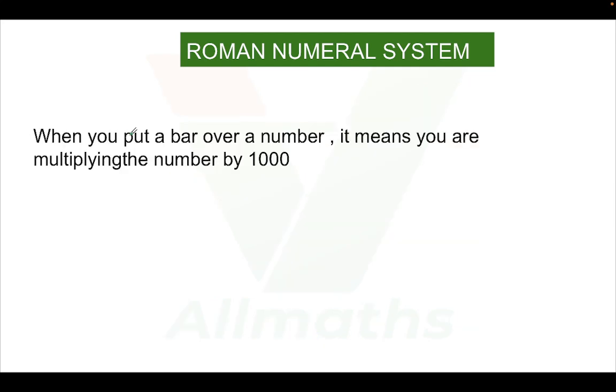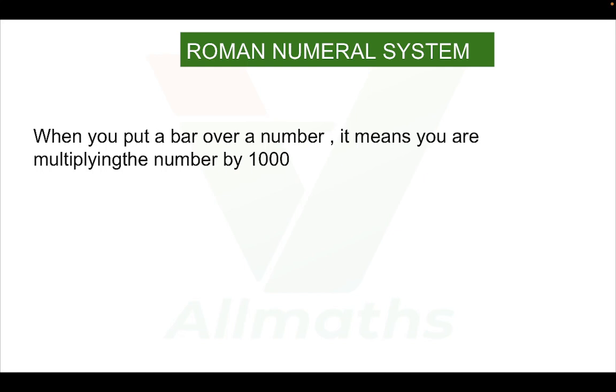So the last rule I'm going to be mentioning in Roman numeral formation is that we stop at 3,000. So how do we write 4,000, 5,000, 6,000, 7,000, 8,000, 10,000, 100,000 in Roman numeral? Actually, there are no alphabets representing them, but when you put a bar over a number, it means you are multiplying the number by 1,000.